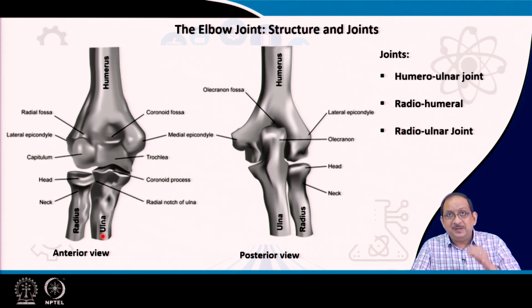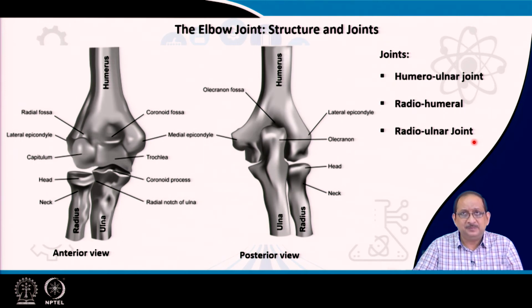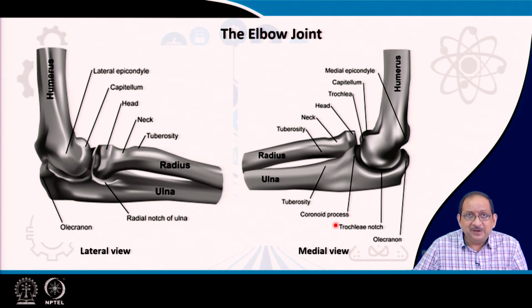And the joints that are formed due to articulation of these bones are the humero-ulnar joint, the radiohumeral joint, and the radio-ulnar joint. The anterior and posterior view of the structure of the elbow joint is clearly presented in this slide. A lateral and a medial view of the elbow joint is also presented in this slide.